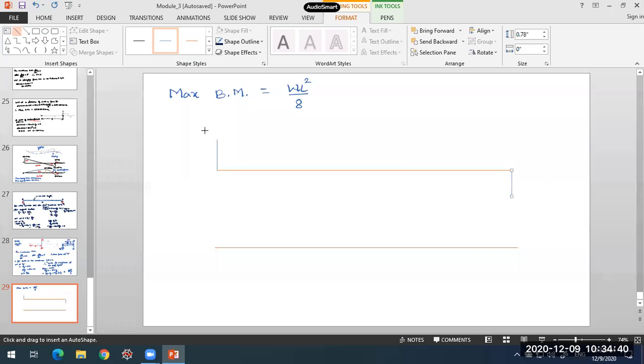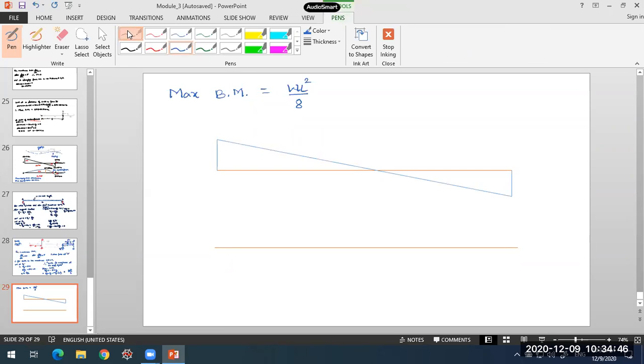Because of UDL, the variation will be linear from here to here. This is point B. This is the SFD for that simply supported beam carrying UDL for its entire length.